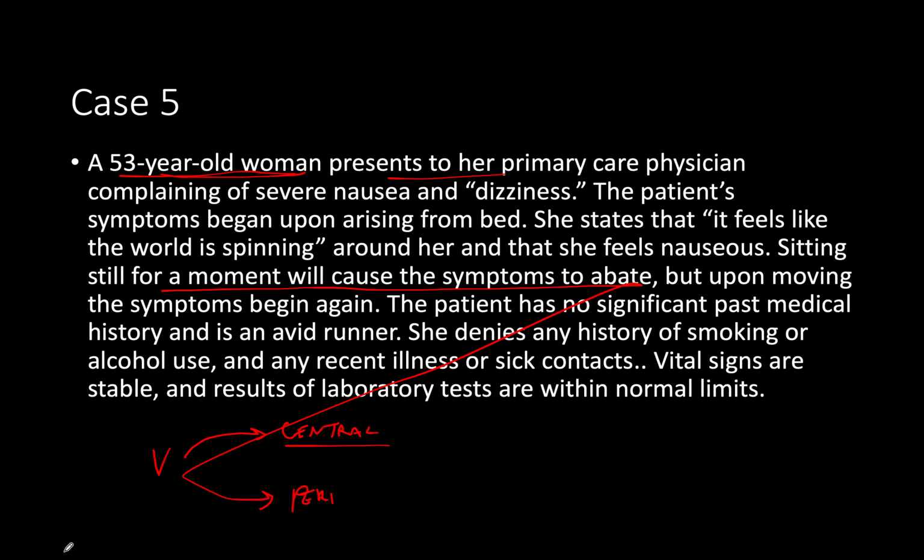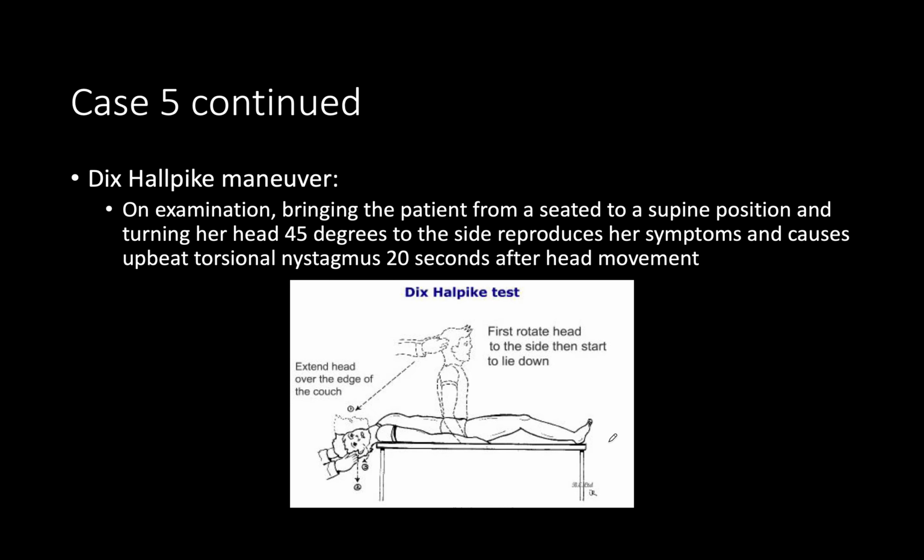However, there's still some differentiation that you have to do in terms of what type of peripheral vertigo it is. A particular maneuver that we can do in diagnosing vertigo is called the Dix-Hallpike test.